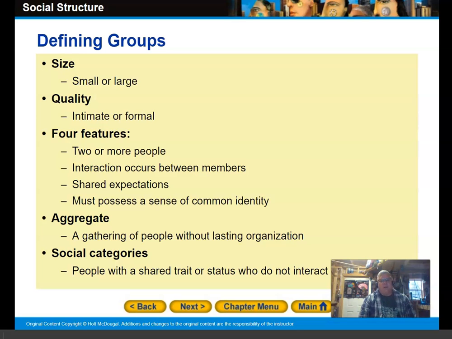Do they share expectations and possess a sense of common identity to be considered a group? An aggregate is a gathering of people without lasting organization. Social categories are people with shared traits and statuses who do not interact with each other.